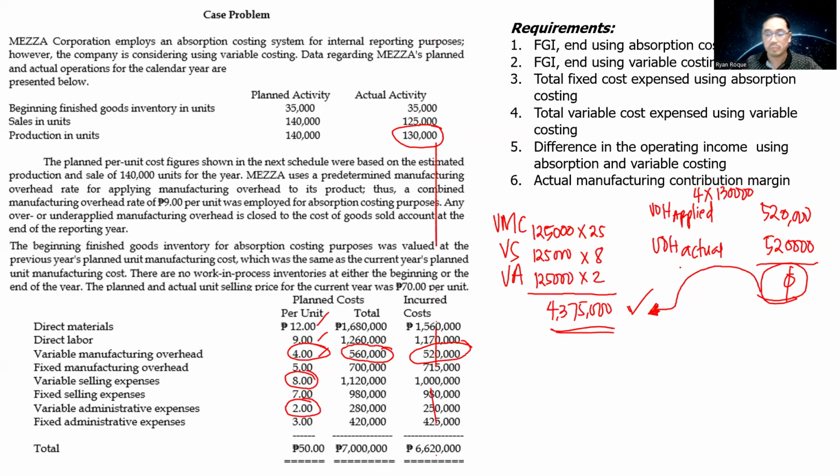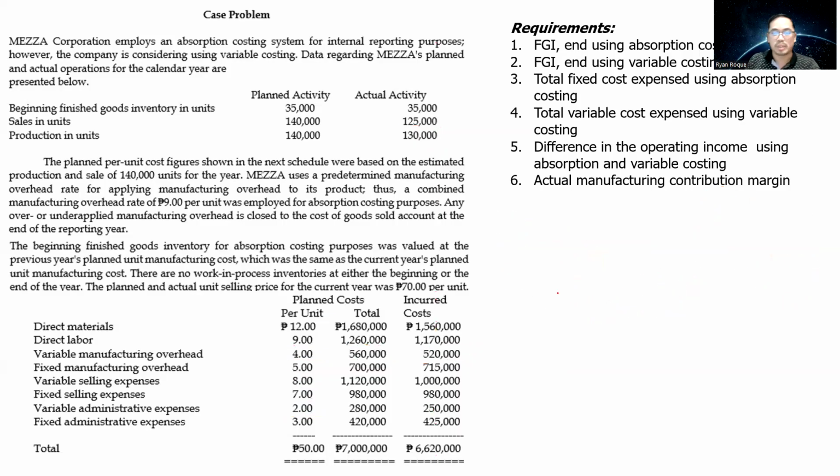All right. So we are down to the last two questions. For number 5, we are asked for the difference in the operating income under absorption and variable costing method. Remember, the difference would be the difference in the inventory multiplied with the difference in the unit cost. The difference in the inventory is 5,000, because either we compare the production and sales, or we compare the beginning with the 40,000 of ending inventory.